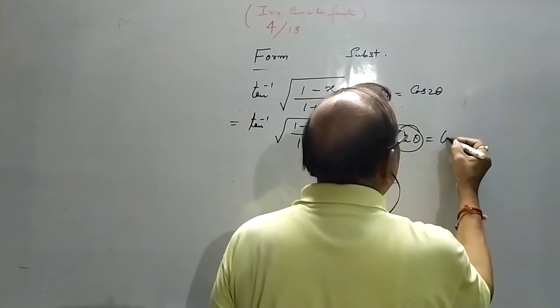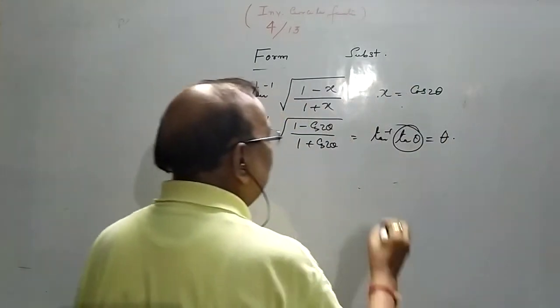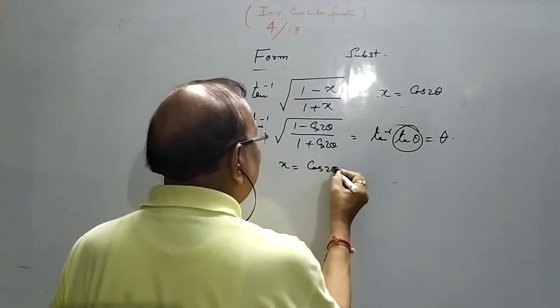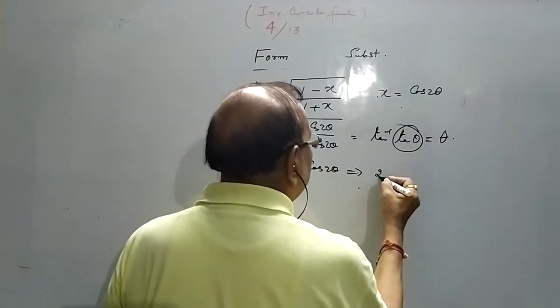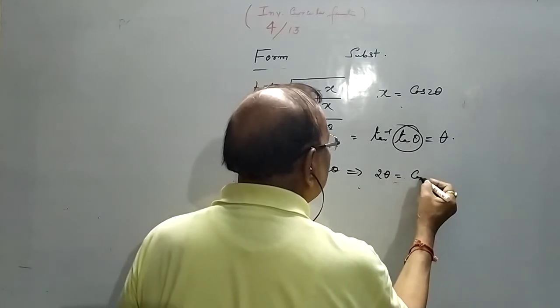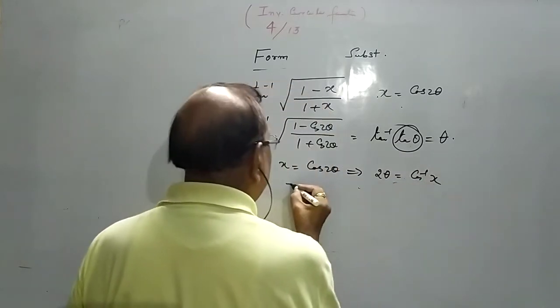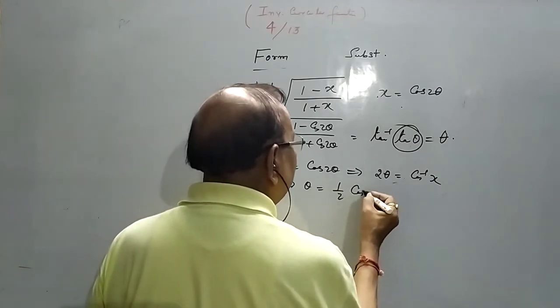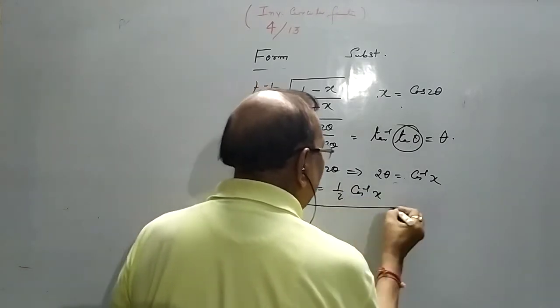That is equal to theta. That is quite simple. Now, we have put x is equal to cos 2 theta. That implies 2 theta is equal to cos inverse x, and theta is equal to half cos inverse x. That is quite simple.